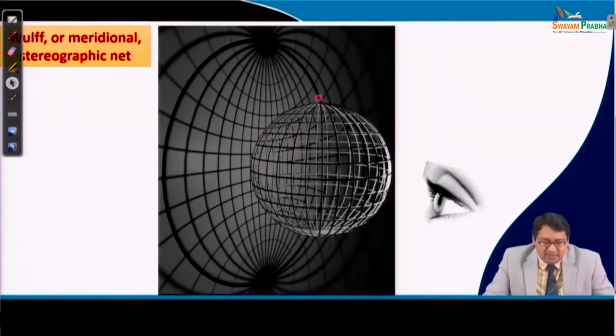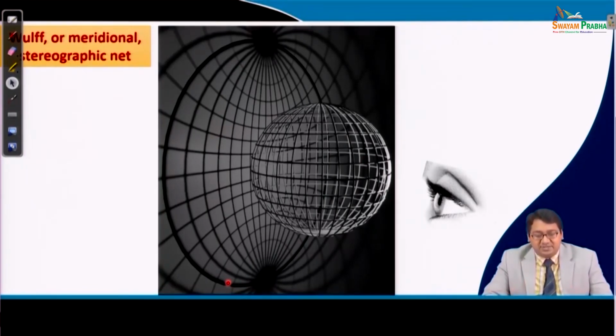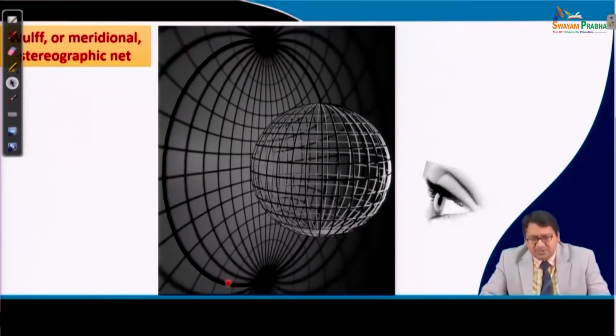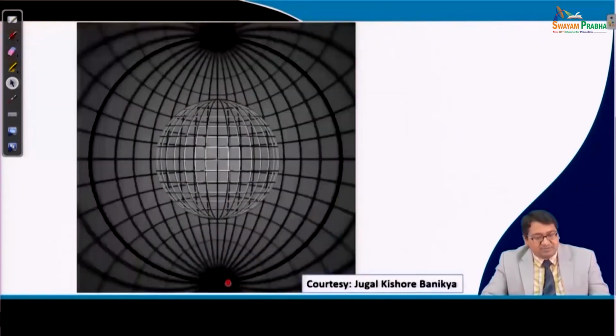On the other hand, all the longitudinal lines show the great circle. This kind of projection of longitudinal lines and latitudinal lines is basically known as Wulff net or meridional stereographic net, and these are used to understand or calculate angular relationships in the stereographic projection.